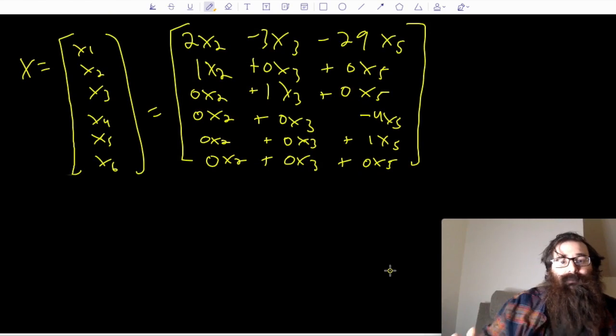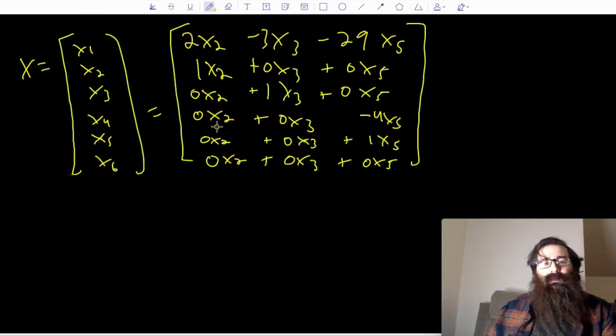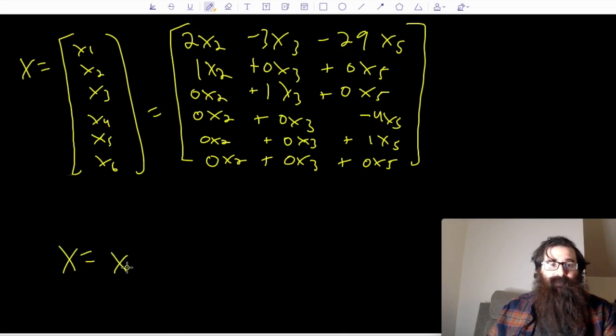Now I can really start to see this taking form. And I'm almost running out of space, so let me skip the next step of the vector decomposition and write the result. But you can see the vectors if you look at it in a vertical fashion. So x is equal to, I have a vector that relies on x sub 2. What should the numerical entries be? Well, here they are, 2, 1, 0, 0, 0, 0.